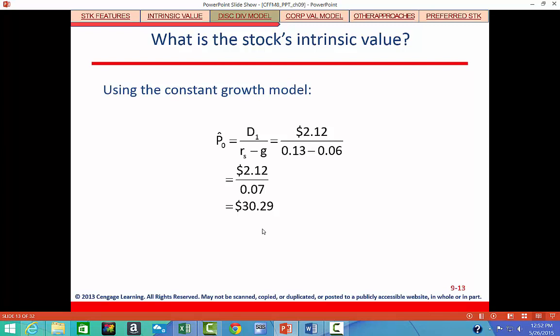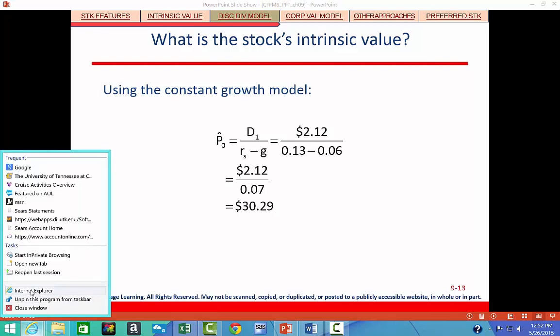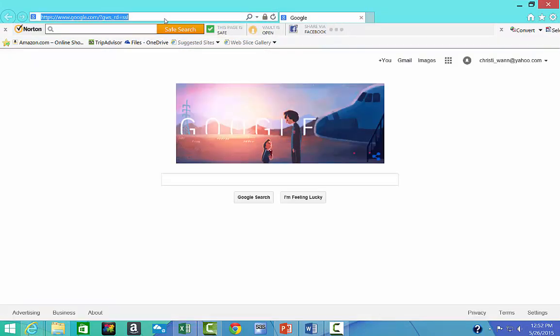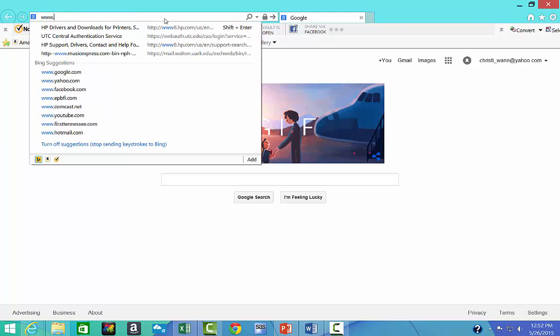And so if this was for AT&T, then I would believe that that stock is worth $30.29. And I would look at Yahoo Finance and see what is the current market price. So let me go to Yahoo Finance and find out what it is for AT&T.